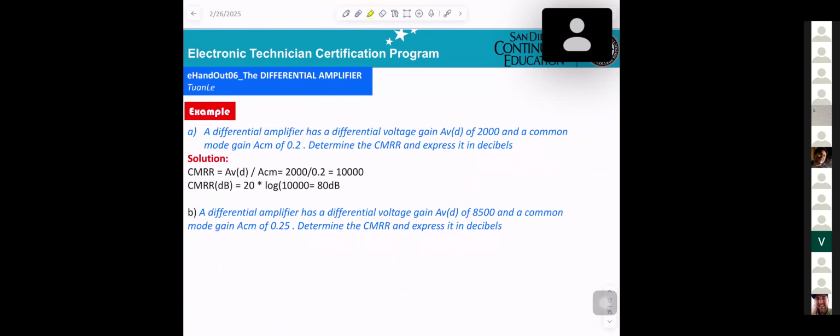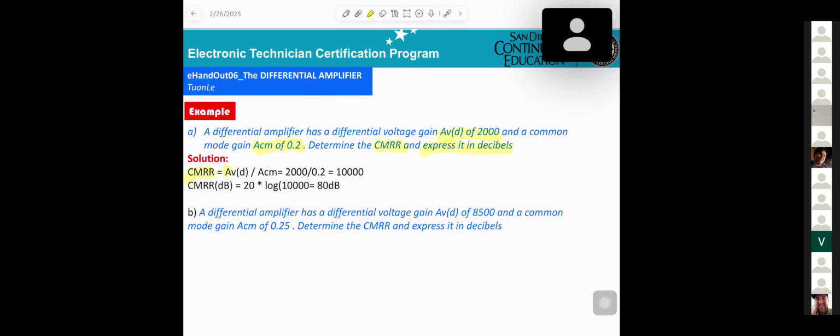Now let's see an example. A differential amplifier has a differential voltage gain and a common mode gain. They want to determine the common mode rejection ratio and express it in decibels. Let's see how they calculate.